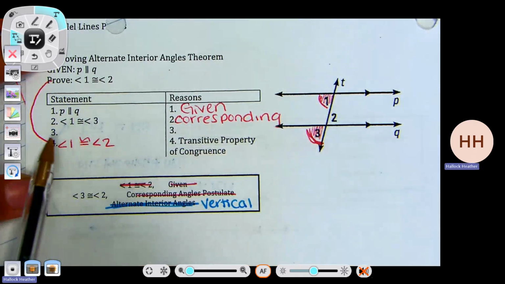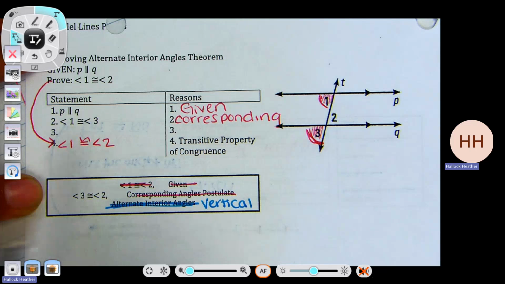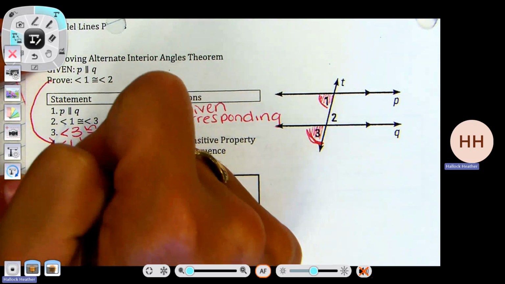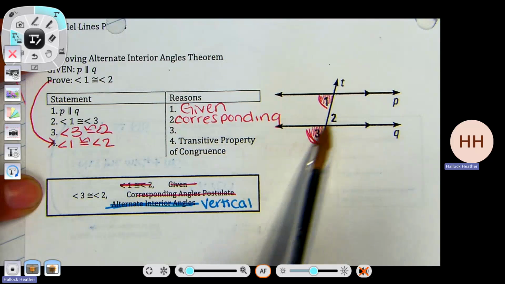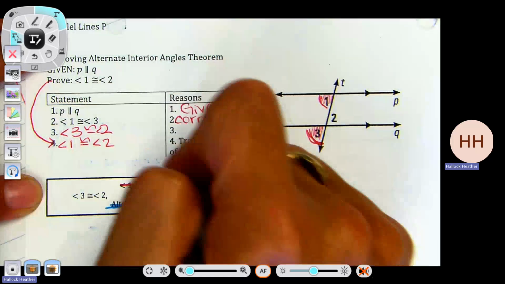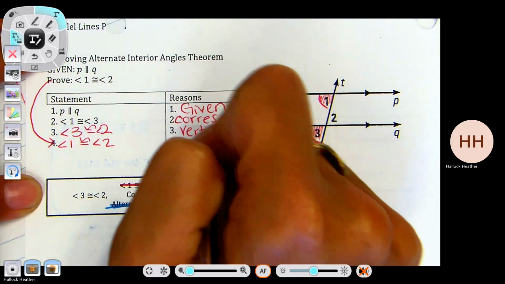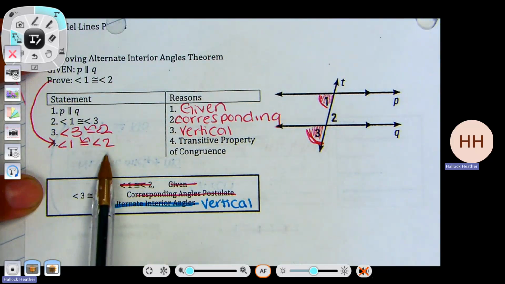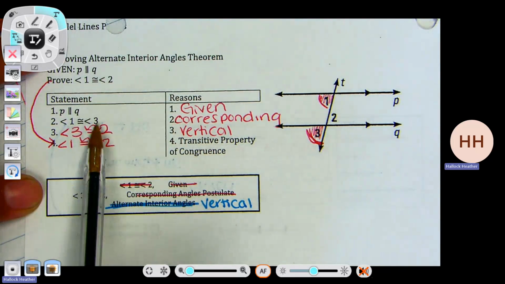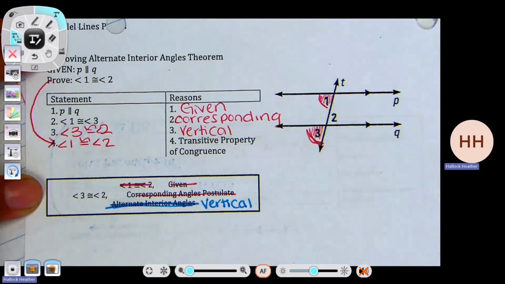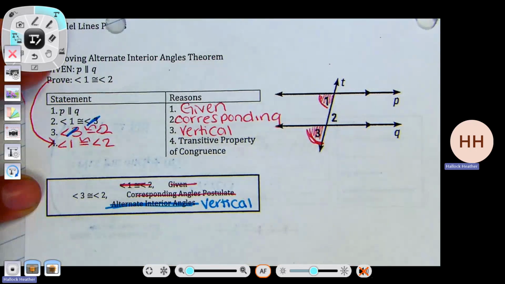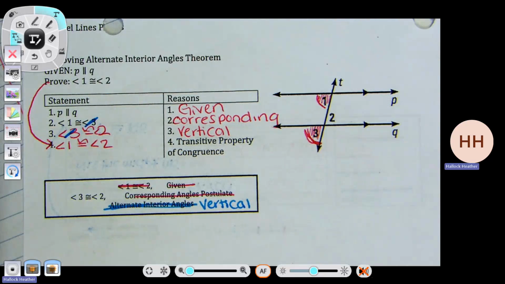And then 3 is going to be the only leftover math one, which is angle 3 is congruent to angle 2. If you look, 3 and 2 are vertical, so they're across from each other. So vertical angles. And the reason why angle 1 and angle 2 are congruent is because of the transitive property. If I know 1 is congruent to 3 and 3 is congruent to 2, then I can remove my middleman, which is angle 3, and say angle 1 is congruent to angle 2.